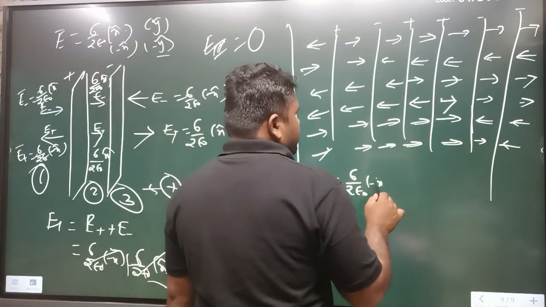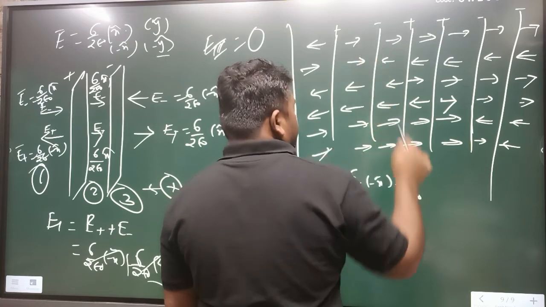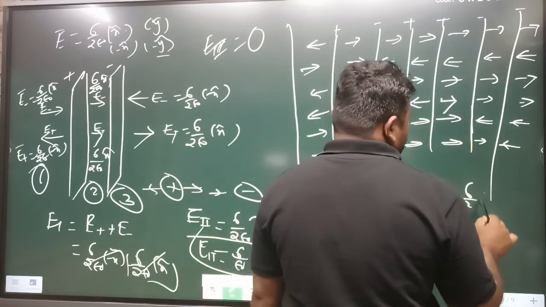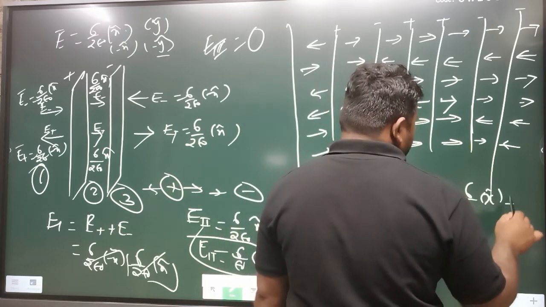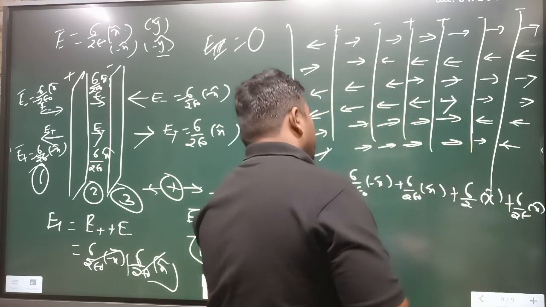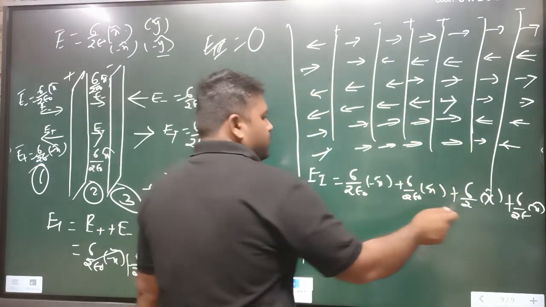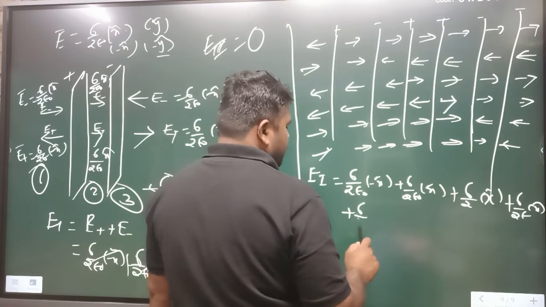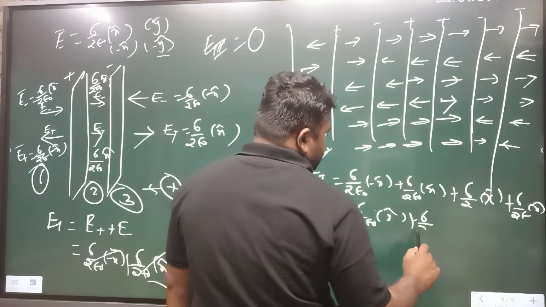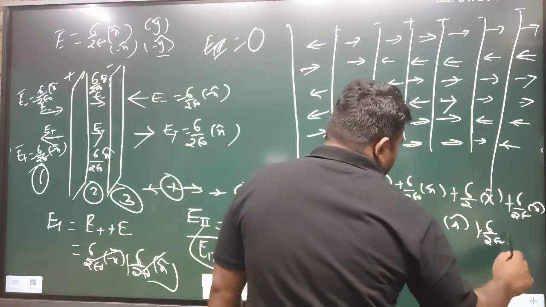Next, the second one, sigma by 2 epsilon naught, direction plus x cap. Next, sigma by 2 epsilon naught, plus x cap. Next, sigma by 2 epsilon naught, plus x cap. Okay, how many electric fields are we getting? 1, 2, 3, 4, 5, 6, 7. Next, sigma by 2 epsilon naught plus x cap, and again next, sigma by 2 epsilon naught plus x cap.